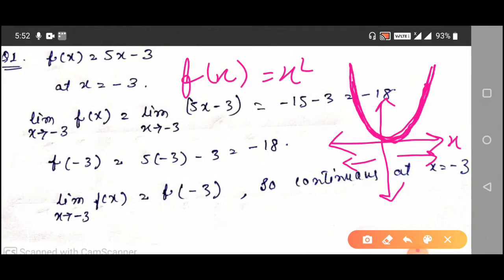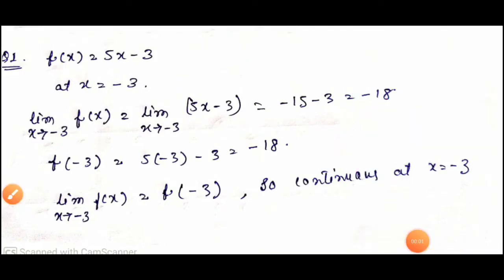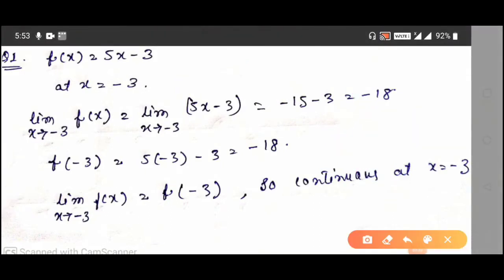That means whenever we draw a graph without lifting the pen, then the graph is a continuous graph and the function is continuous. Now in this chapter we will find, for different functions, at which points they are continuous, and if not continuous, at which point it is not continuous.